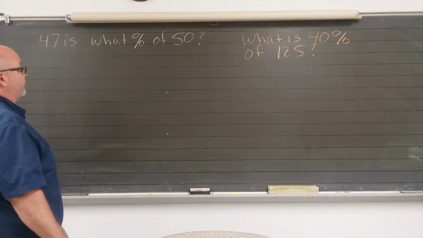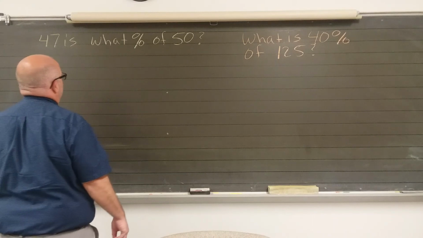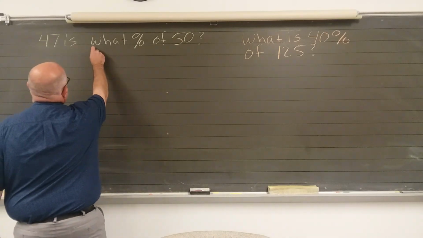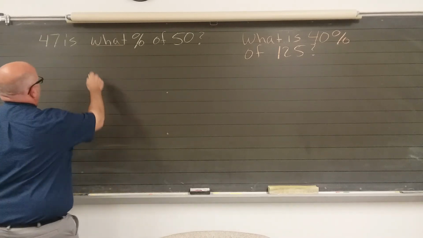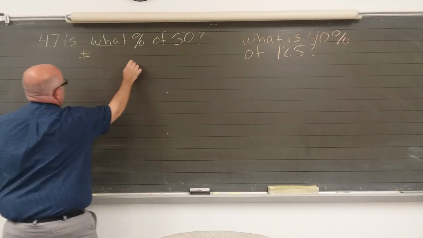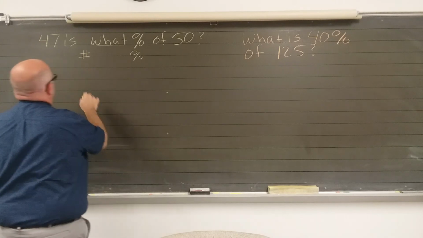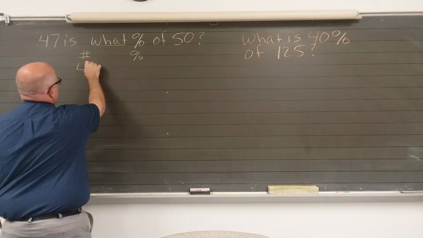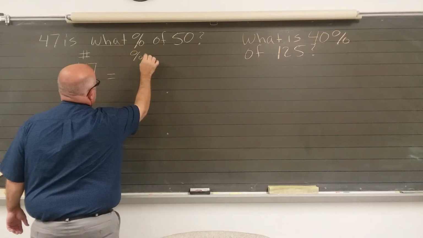47 is what percent of 50? How do you write that as a proportion? The what is your missing number, right? So you have number over number and percent over percent. 47 is what percent?